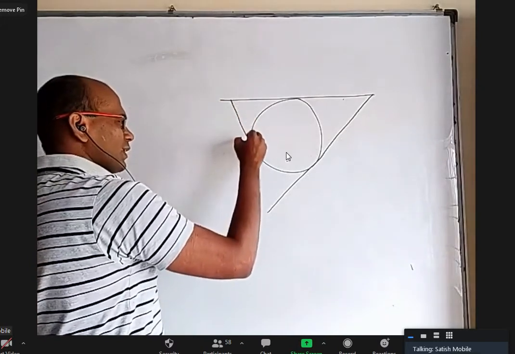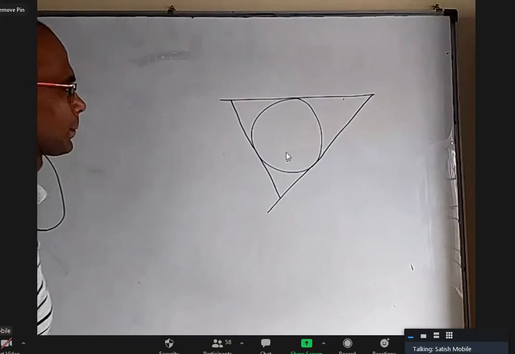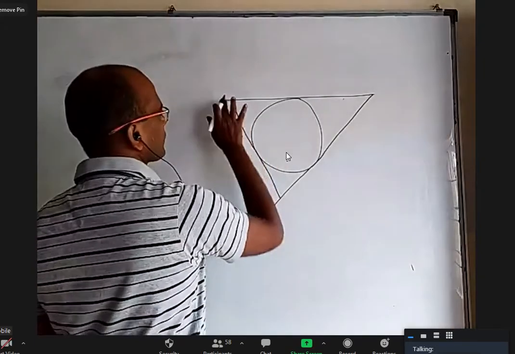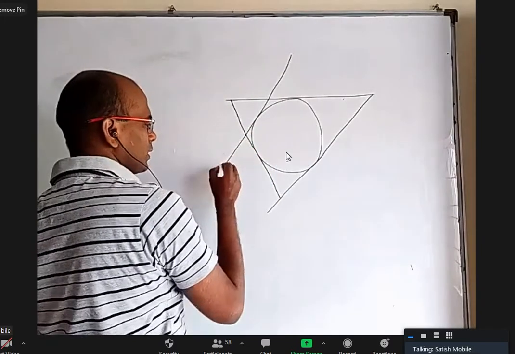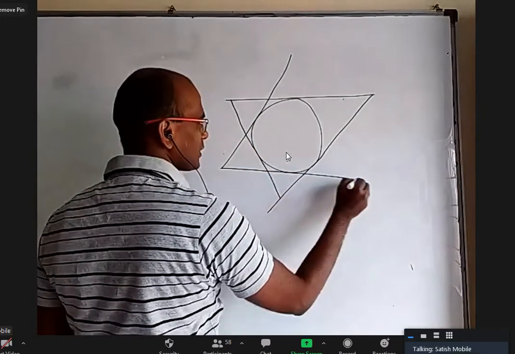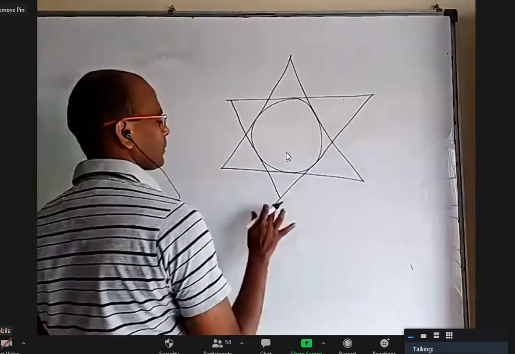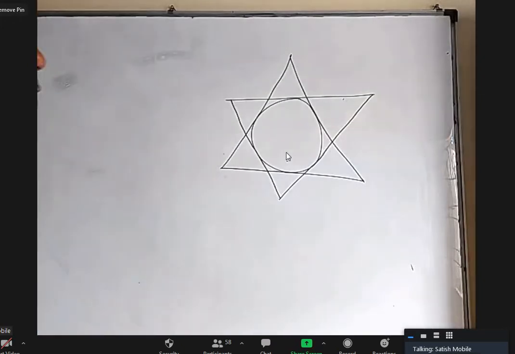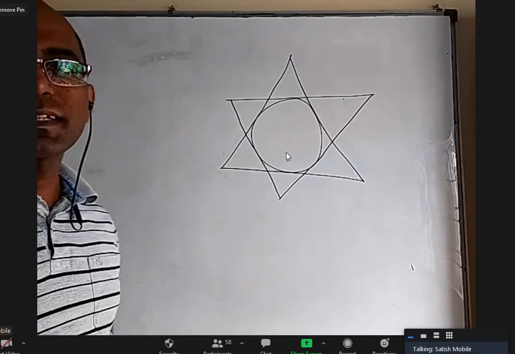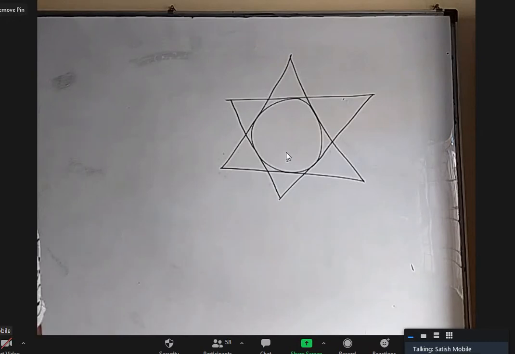They said above the x-axis, the horizontal tangent. I'll remove the word above, let us see. One of the tangents should be parallel to the x-axis and the three tangents should form an equilateral triangle. If I remove the word above, how many such triangles are there in total? 8 such triangles.